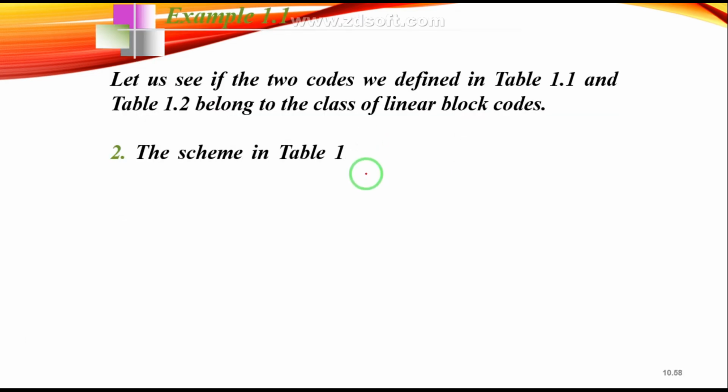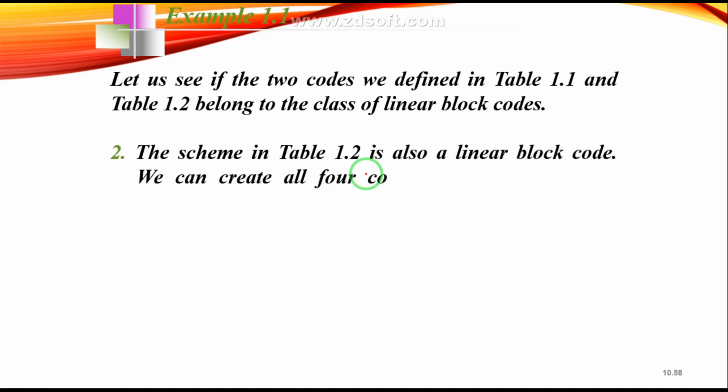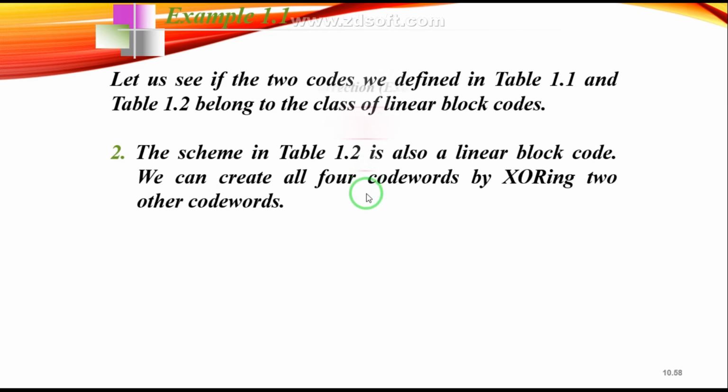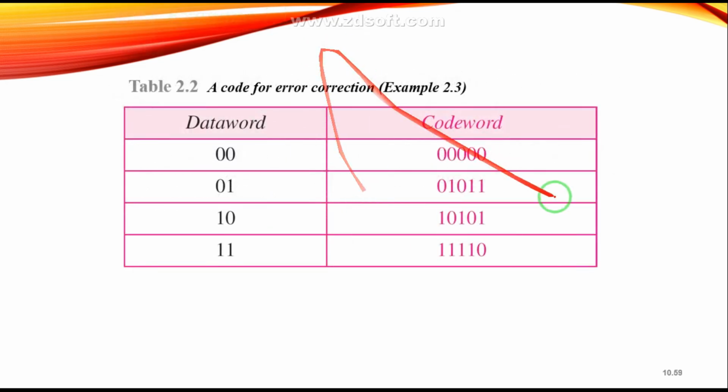Now, similarly, the scheme in table 1.2 is also a linear block code. So we can create all four code words by XORing two other code words. So now let's understand this using the table. Suppose you are going to XOR these two patterns, the second code word and the third code word. XORing of the second and third code word would give you the fourth code word.